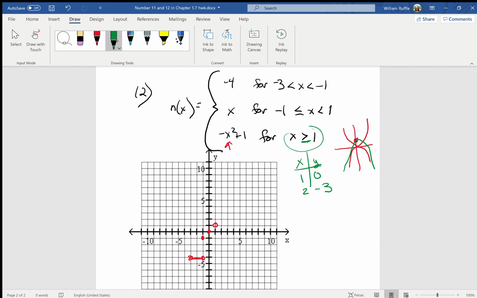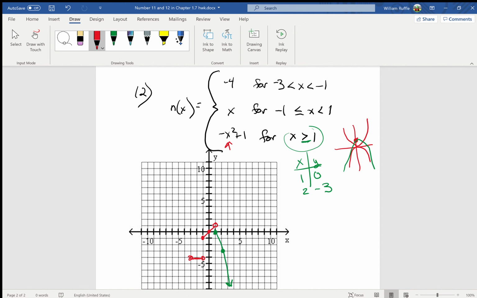So I'm going to go 1, 0 is my first point. Then 2, negative 3 is my second point. So now we're kind of drawing a little line that goes like that. Okay. And then I did forget to connect this dot, and now I have my graph.